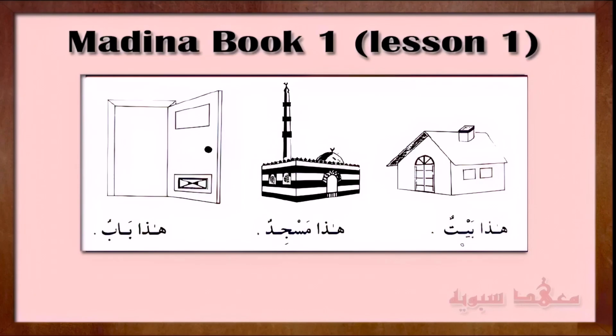So when it comes to entities, whether living, non-living, physical or non-physical, whatever it is, you can actually trace the word back to a 3-letter root. And what I want students to put in the back of their mind is that every word has a 3-letter root in most cases. And here I'm speaking about entities. I'm not speaking about pronouns or an ism ishara. I'm talking about the ismu dhat.